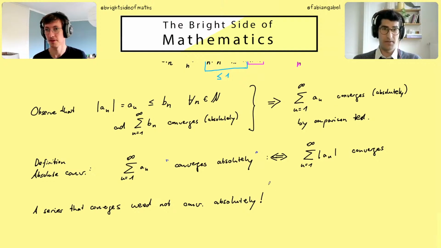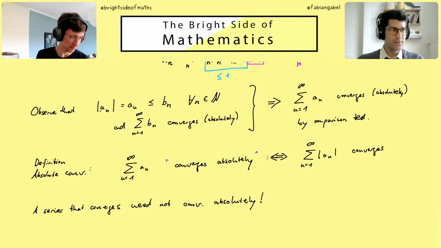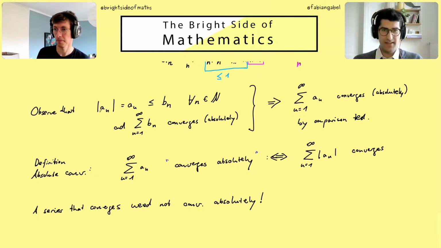That's a very good point, because the comparison always uses a symbol for the comparison that needs some sort of order, and this order already gets lost once we are in the complex numbers or also in other vector spaces with a norm. So this absolute value gives us something, as you just said, that holds in a far more general setting.